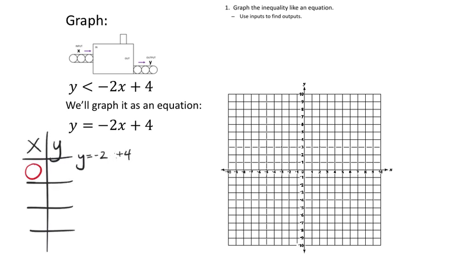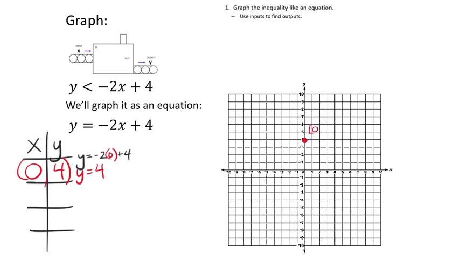But now I replace the x with the x value I chose, which is 0. Now that's y equals negative 2 times 0 plus 4. I really don't expect you to do that by hand or in your head. Put it in the calculator and see what happens, but this will tell us the corresponding y value. So this is an ordered pair of (0, 4), which now I can put on the graph here.